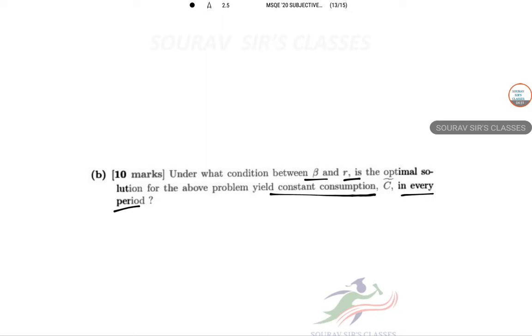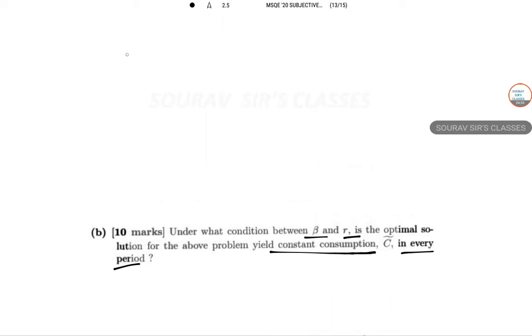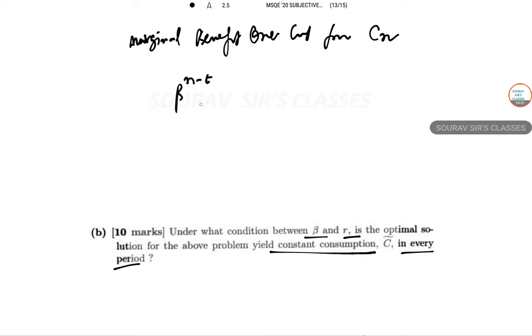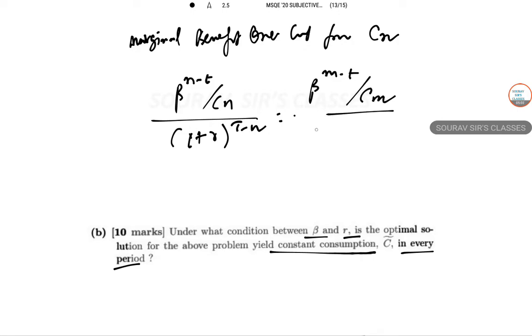In this optimum, if we calculate the marginal benefit over cost from c_n, it should be equal to that from any other c_m. So beta to the power n minus t by c_n is proportional to 1 plus r to the power T minus n, and beta to the power m minus t by c_m is proportional to 1 plus r to the power T minus m.